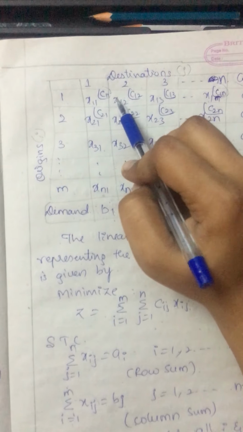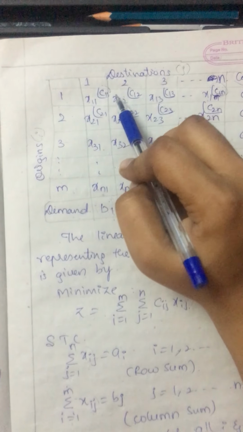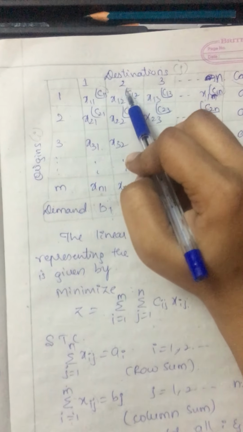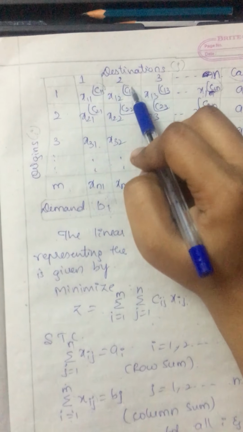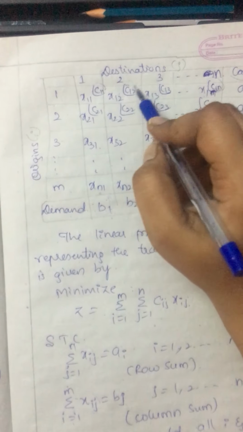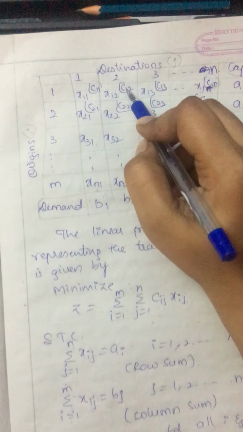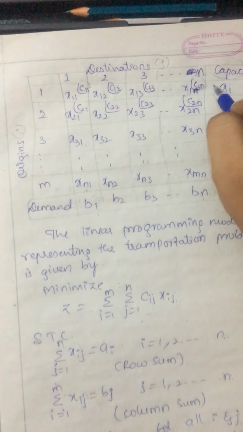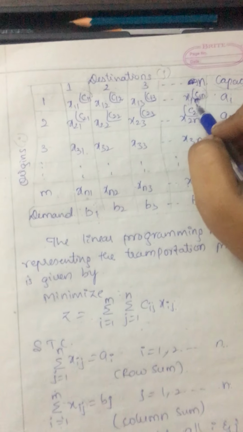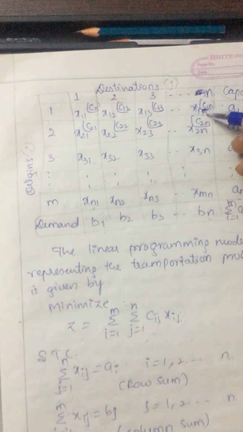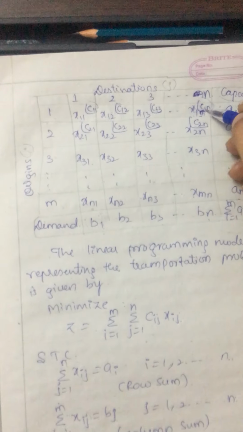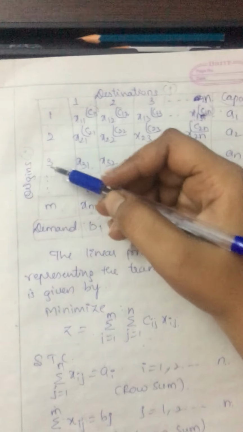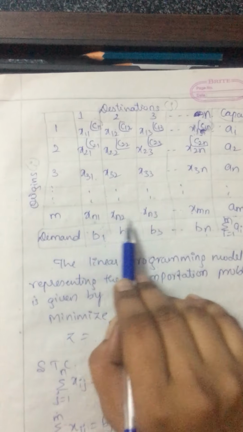Coming to the second cell, first row and second column, that is X12, and its cost is C12. The cost spent for this cell is C12, and so on up to X1n, with cost C1n. The same thing we repeat for the m rows.